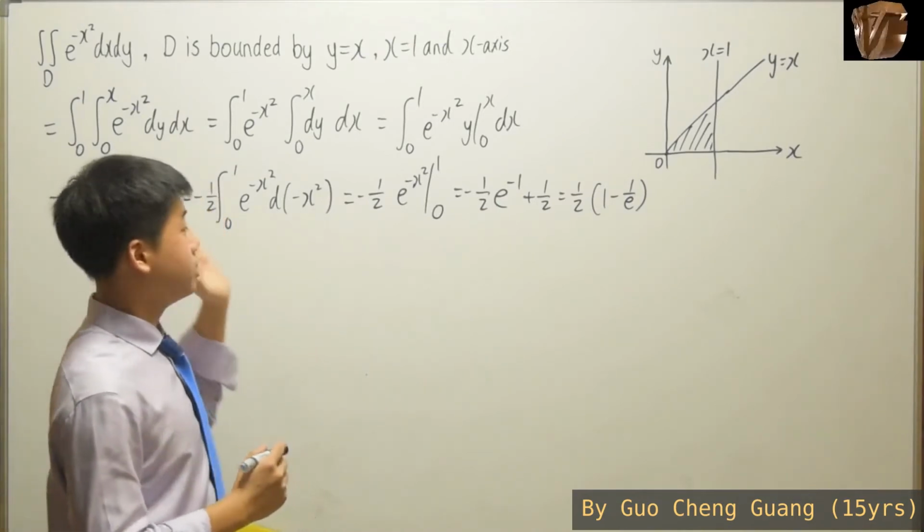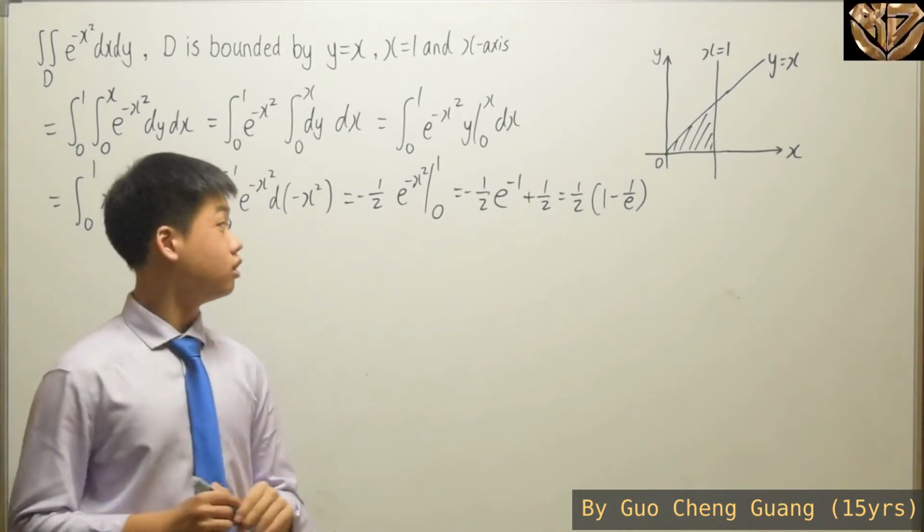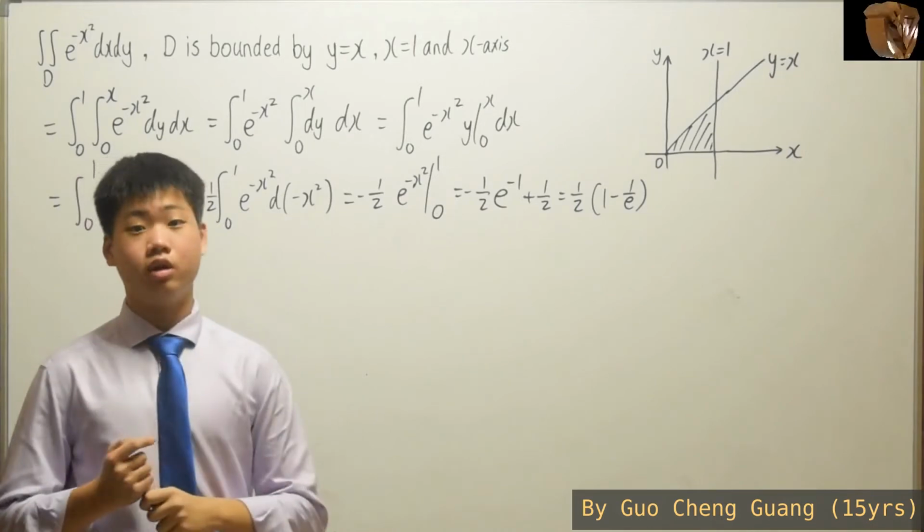And so the answer for this question is half bracket 1 minus 1 over e bracket. Alright, so that would be what we have for this example.